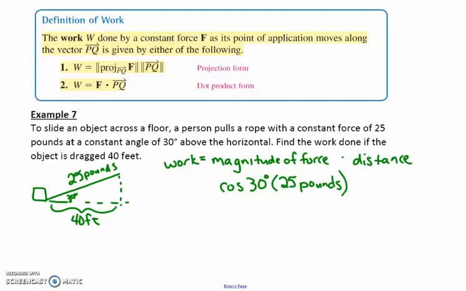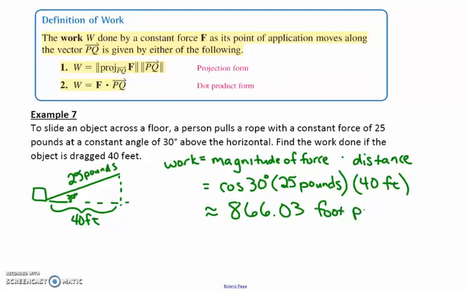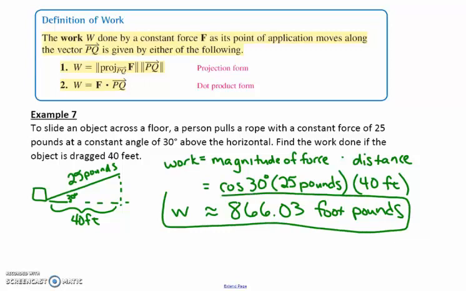Okay, and then remember the magnitude is that distance, so 40 feet. Okay, and so then that ends up being, when you put that in the calculator, about 866.03 foot-pounds. And so that would be the work done.